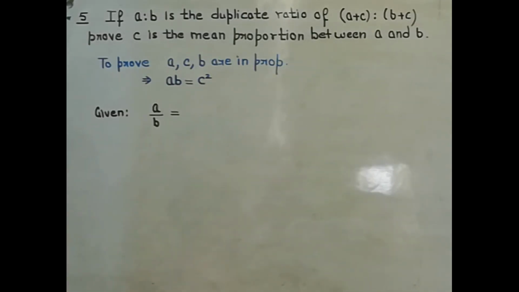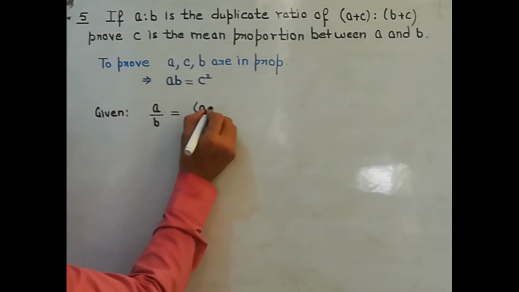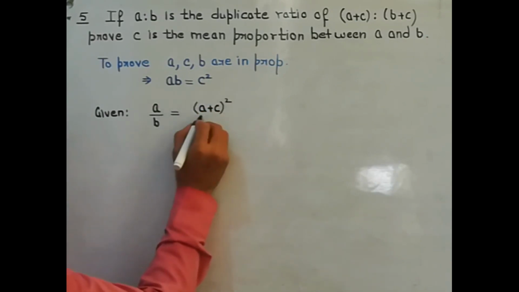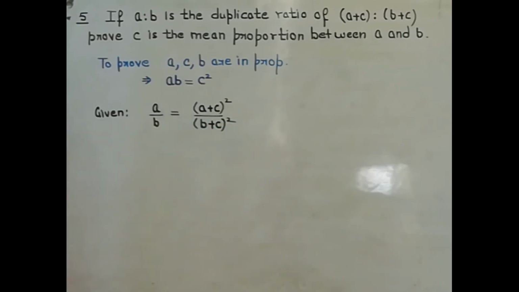And how do we write the duplicate of a ratio? We always square it to write the duplicate. So we have to write duplicate of a plus c upon b plus c. Hope this statement is clear to you.